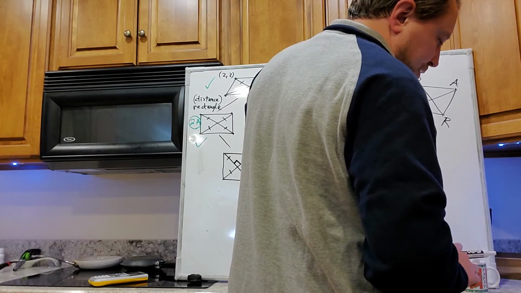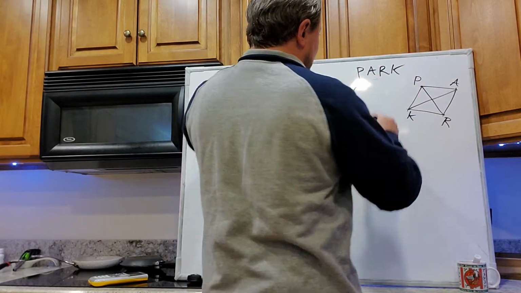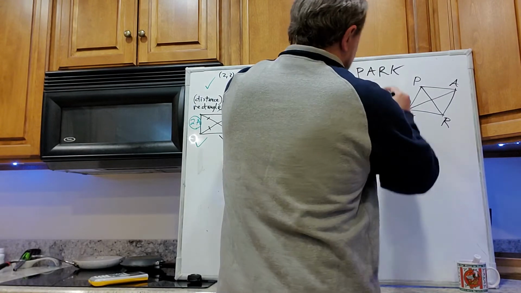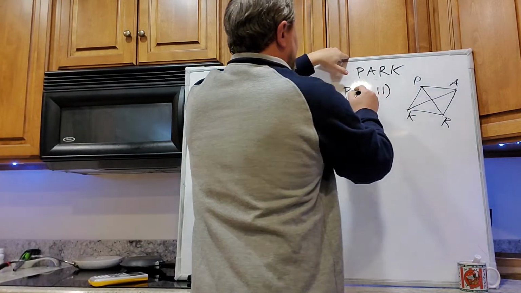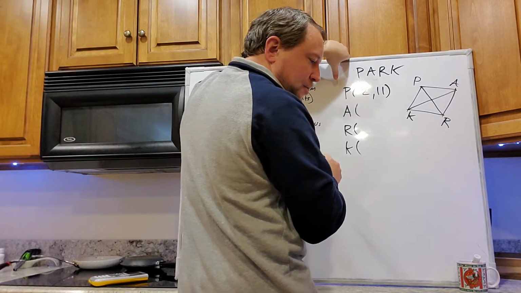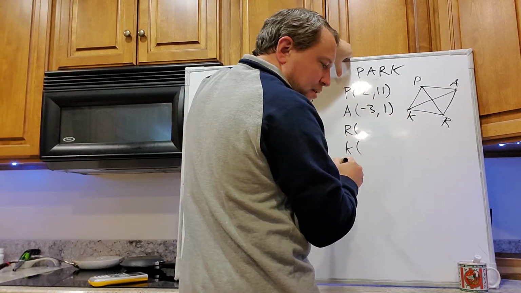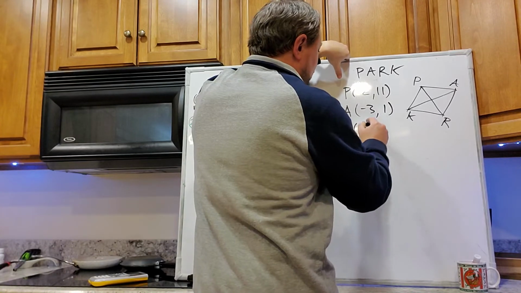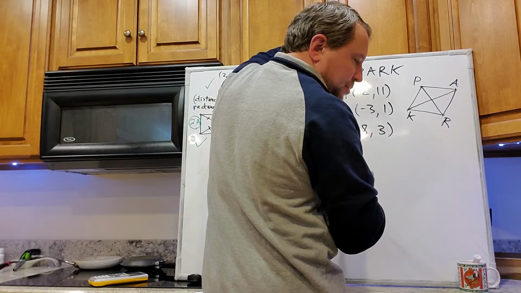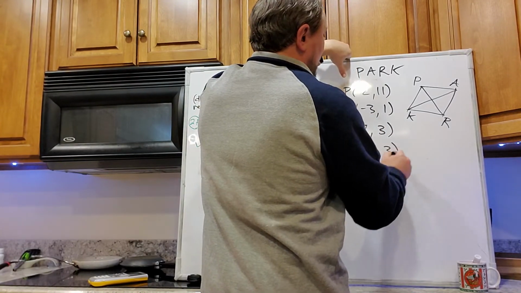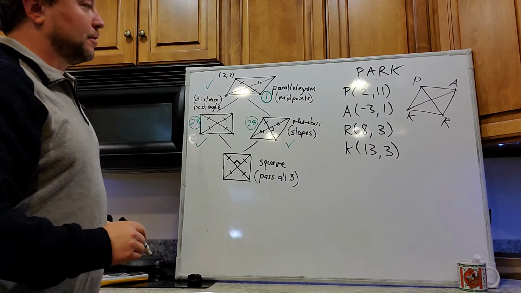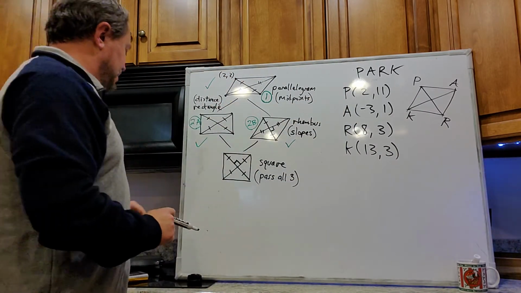All right, so let's say on this next one, P has coordinates of 2, 11. A has coordinates of -3, 1. And R is 8, 3. K is 13, 3. Okay, first test that we should do then.